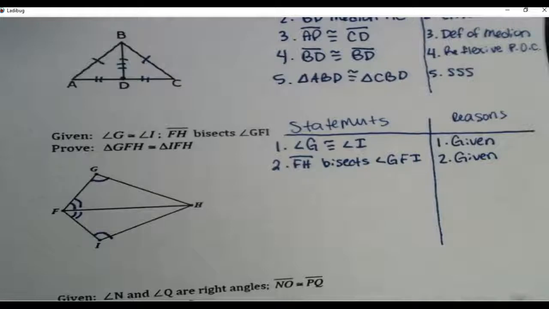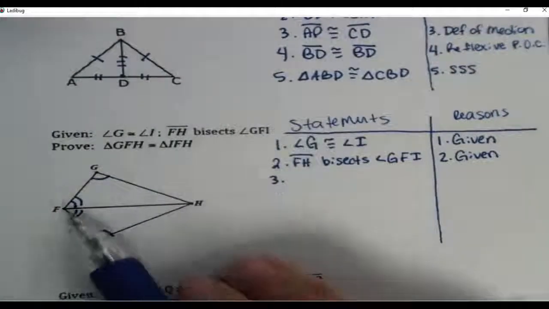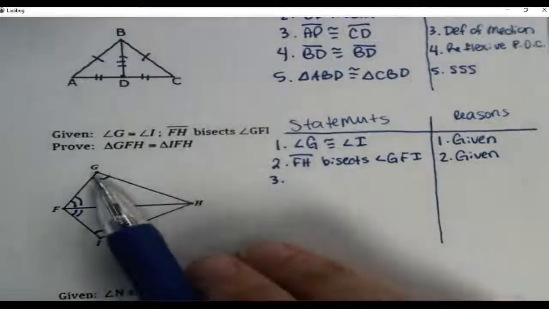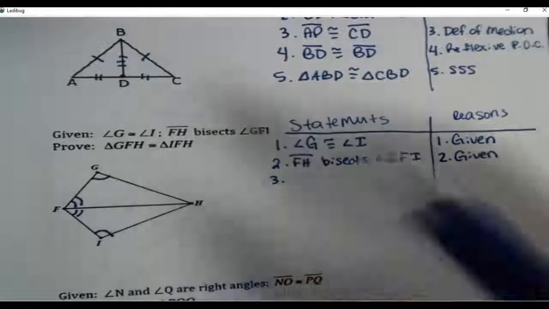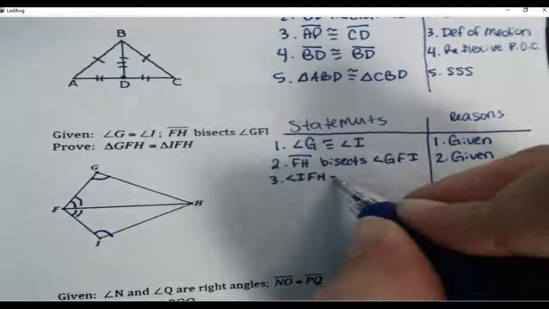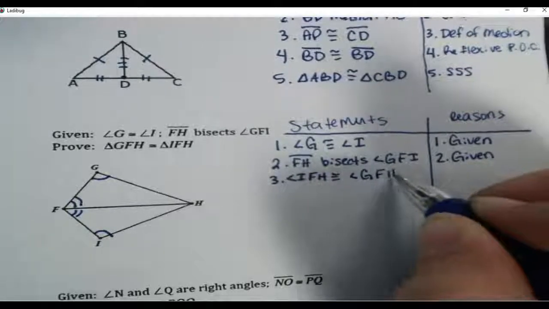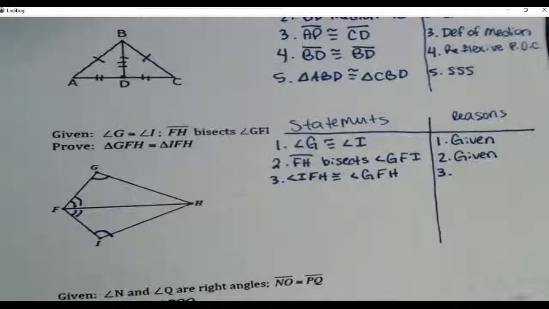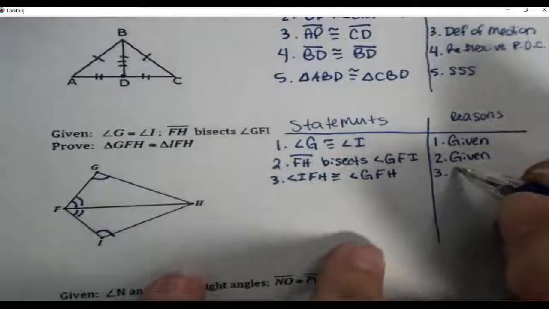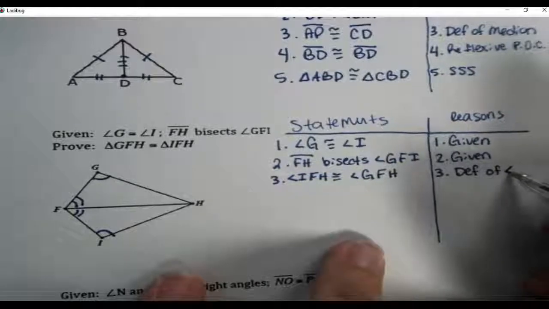So then to write that, I can say angle IFH is congruent to angle GFH. And we know that because that's what it means for something to bisect something. So that's the definition of an angle bisector.